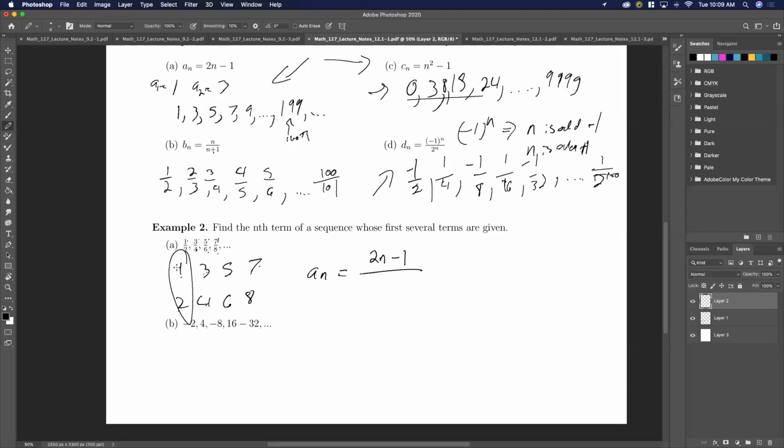The bottom is 2n, which is just 1 times 2, 2 times 2, 3 times 2, 4 times 2. The difference between these is 2 each time, so I still want to do 2n each time. In order to get the correct starting number, I just need to minus out a 1. So that's kind of how I crunch through that.